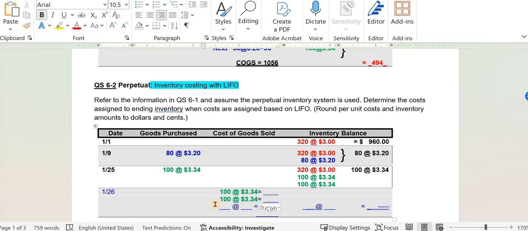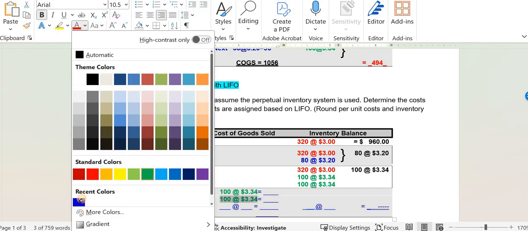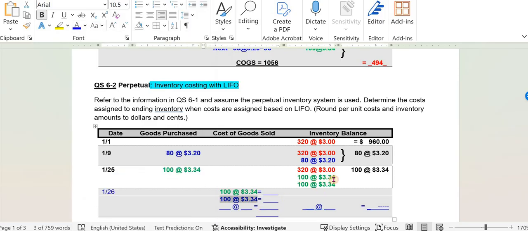Oops, that should be blue though, shouldn't it? Let's make it blue. Is that enough? I'm sorry, that was only 80, by the way. Boom, 80.